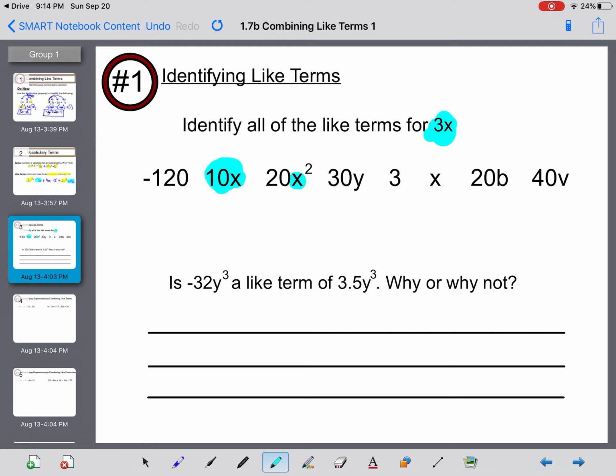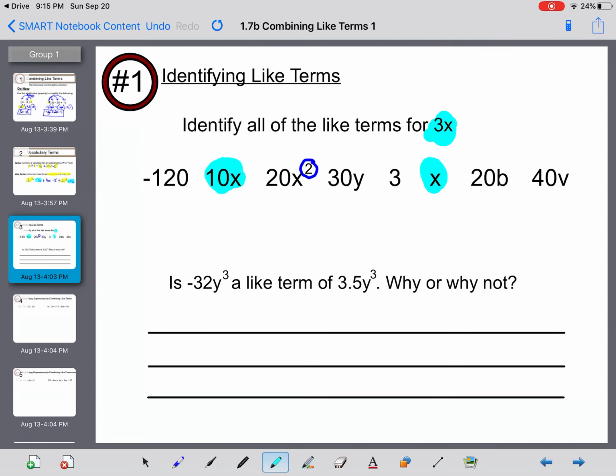You see 20x squared, you see the x and believe it's a like term, but it's not, because this is x to the second. That exponent of 2 actually ruins it. They would not be like terms because they do not have the same exponent. 30y, no good. Plain old 3 needs an x. Regular x, that is a like term. 20b and 40v, no good.